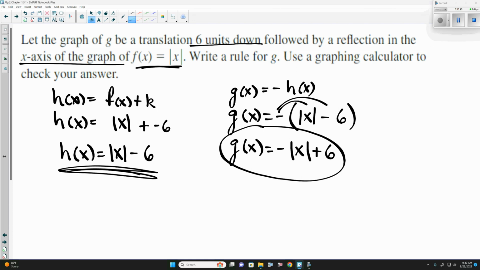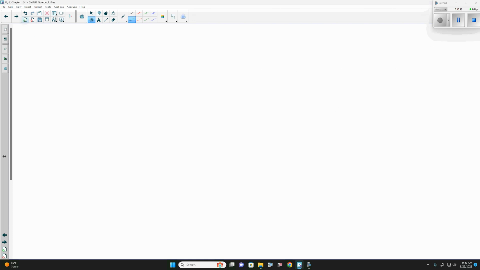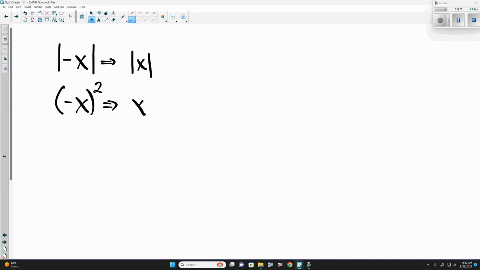Now, one thing that is interesting is if x is by itself inside absolute values, or we had negative x by itself inside parentheses squared, this is actually the exact same thing as saying this, and this is the same as saying x squared.